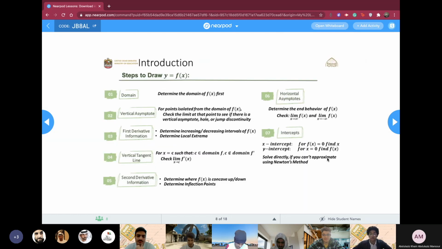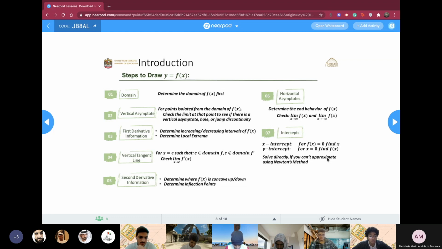So we have steps to draw any kind of graph. The first step is determining the domain of f of x. Then we find if there's a vertical asymptote: for points from the domain of x, check the limits, and if it's a rational function, the zeros of the denominator would be a vertical asymptote.